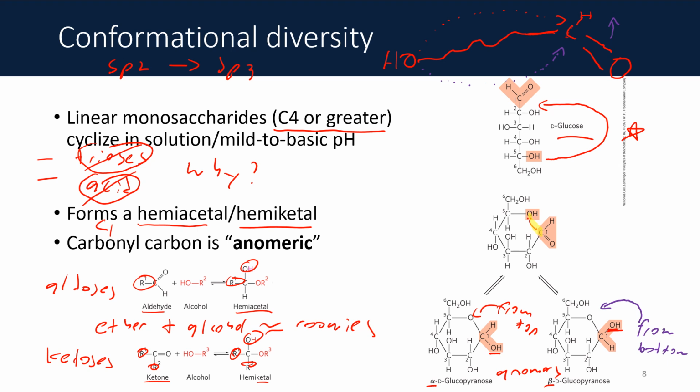It's not chiral in the linear state, but when you cyclize, you turn it into a chiral center. Said more simply, an anomer is an epimer made via cyclization.